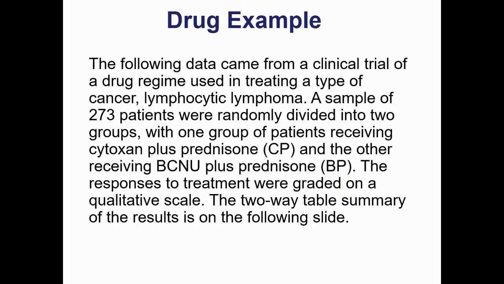It's talking about some kind of drug trial for cancer patients. So this came from a clinical trial of a drug regime used in treating a type of cancer. I'm not sure exactly how you pronounce it. If I had to guess, it would be lymphocytic lymphoma.